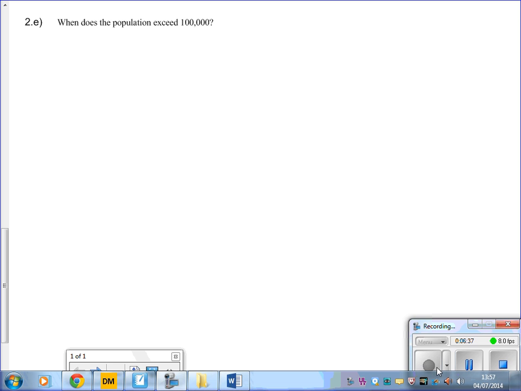Question E, when does a population exceed 100,000? So when is a time. It's asking me for a time. This 100,000 then gives me n equals 100. That's the number of spiders. So if I substitute these values into my equation, I'll have 100 equals 6 e to the power of 0.275, my lambda value times t, and that's what I'm trying to find.